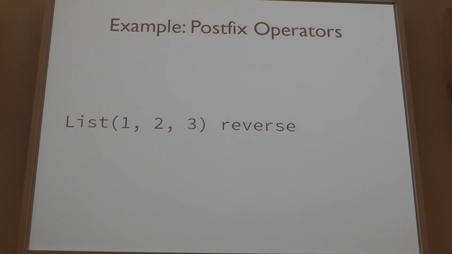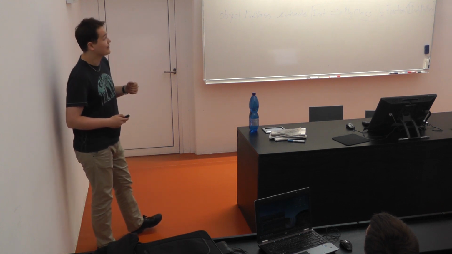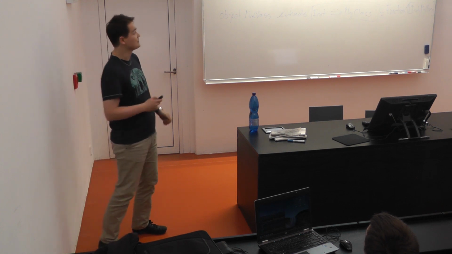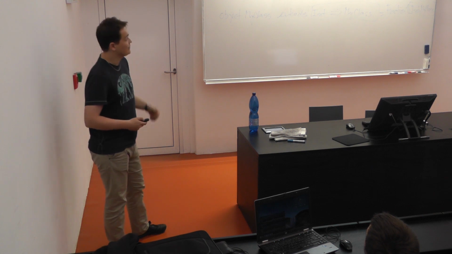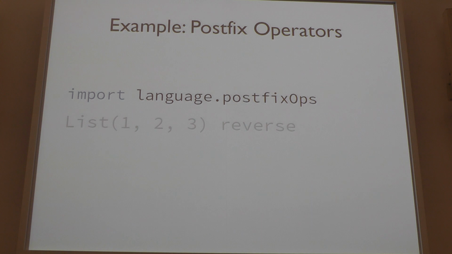If you have an object and you call a method on it and you don't use a dot between them, this is considered to be confusing or dangerous in some ways because the compiler can have problems with semicolon inference. So in Scala 2.10, a warning is emitted from the compiler, and you have to import the postfix ops implicit value from the language object so that the warning is disabled.